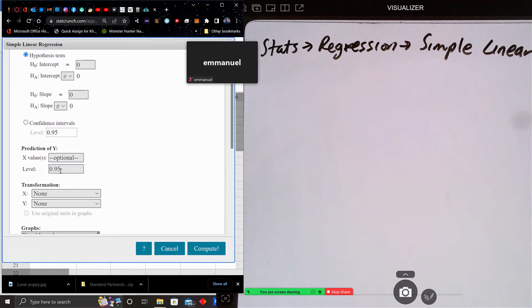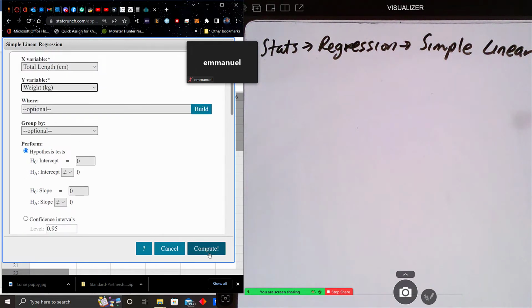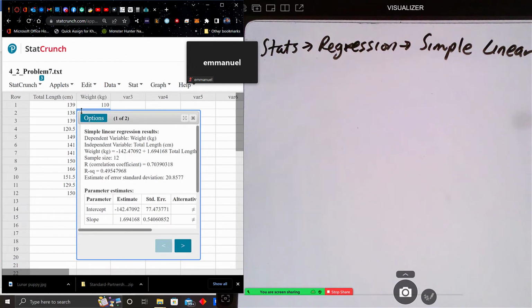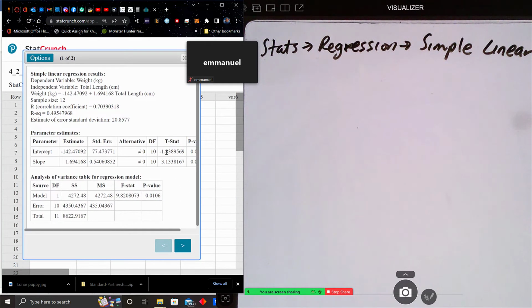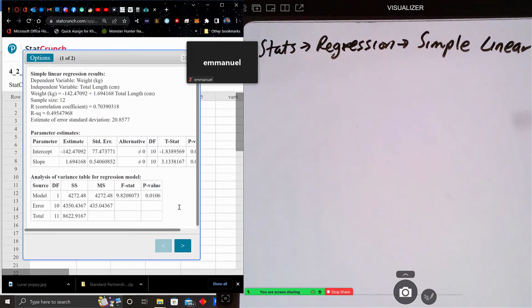Don't worry about this other stuff for now. Just click compute. First thing to note, it gives me R right here. We had 0.7039, right? It gives me R. It even says the intercept and the slope. They've got written up here, weight kilogram equals this line right here.